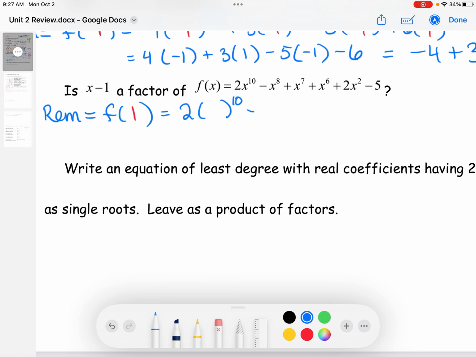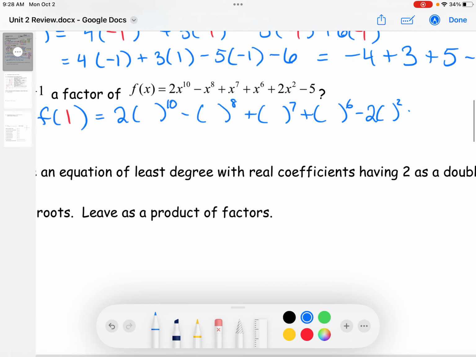So, plugging in a 1. Everywhere there was an x, we are plugging in a 1.